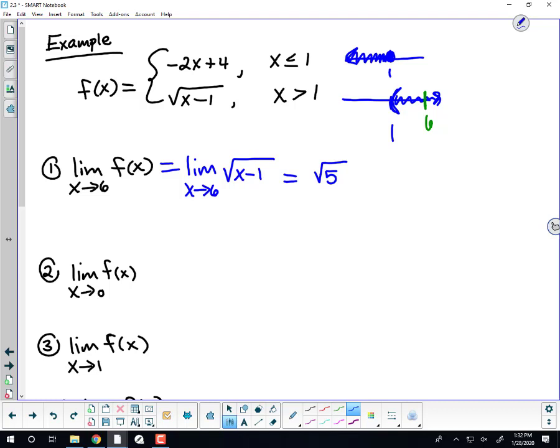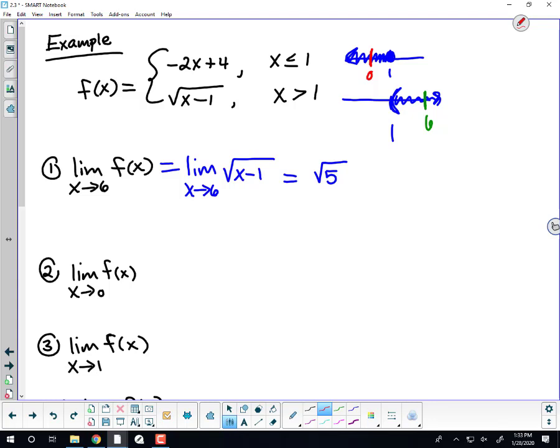What about the limit as x approaches 0? Yeah, 0 is completely contained within this interval. I can approach it from both directions, and I don't have to worry about a one-sided limit. Does everybody agree?